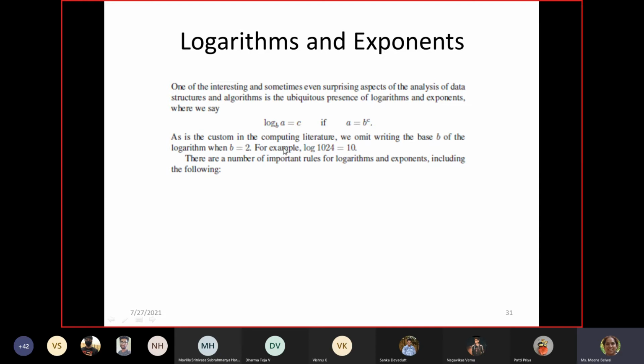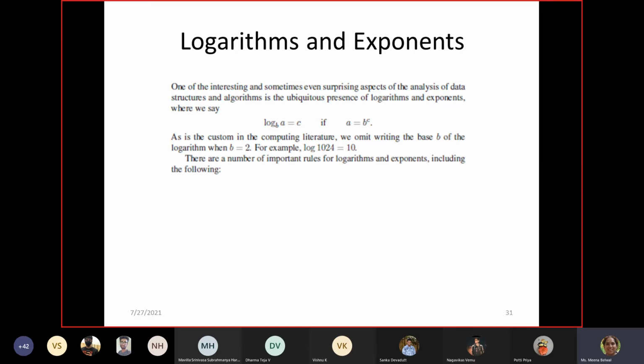You must know that, as is the custom in computing literature, we omit writing the base b of the logarithm when b is equal to 2. So whenever you see lg, that also means base 2, or if log is written without any base, we will consider it as base 2 throughout our course.